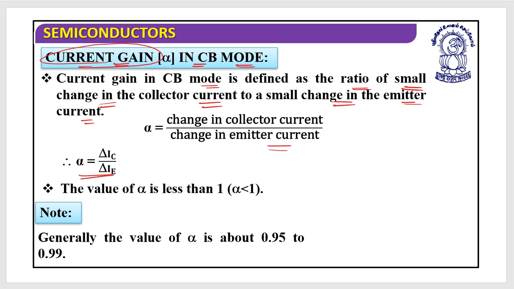This is alpha, which is equal to delta IC divided by delta IE, and the value of alpha is less than 1, generally about 0.95 to 0.99. I hope this is clear. So this is the current gain.